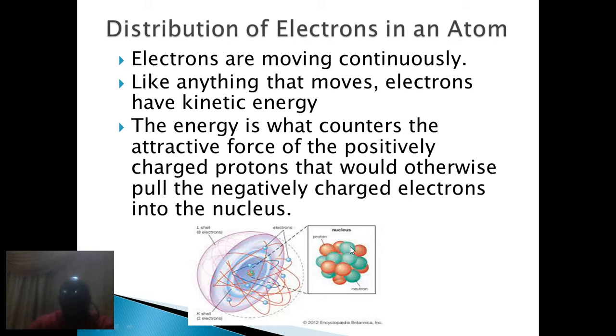And since the protons are in the nucleus, they are static, they stay there permanently. It means that the protons will be pulling the electrons toward themselves. But because the electrons are in constant motion, the protons are not able to attract the electrons towards themselves.